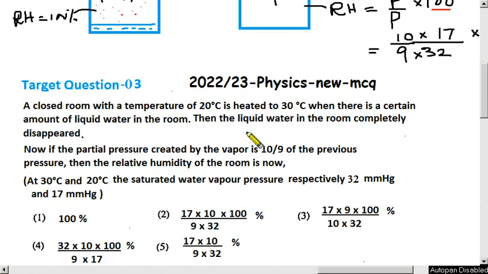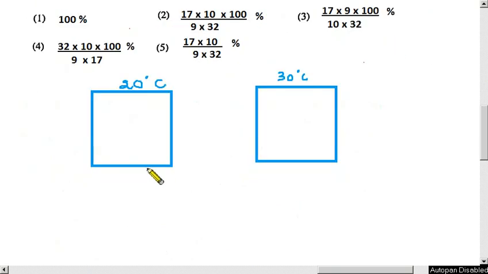When there is a certain amount of liquid water in this room, as soon as we come to that, what should we decide? That the room is saturated, because the air is touching the liquid water, so this one is saturated.